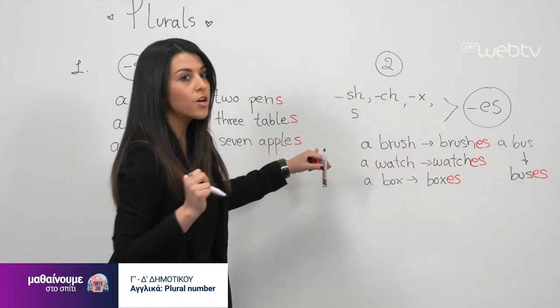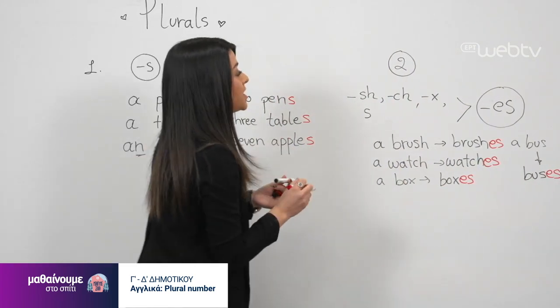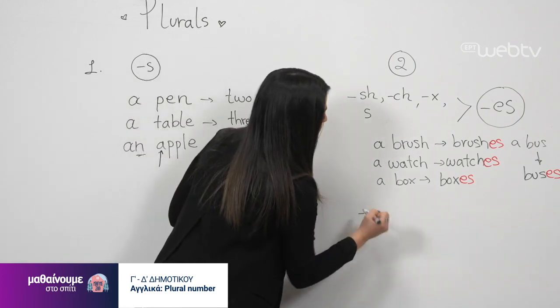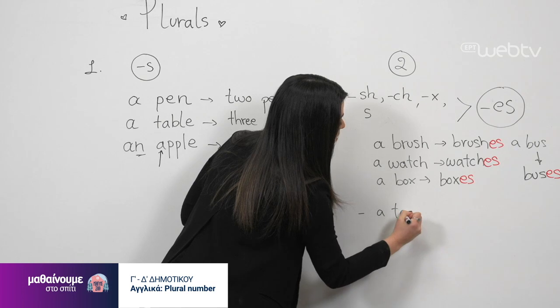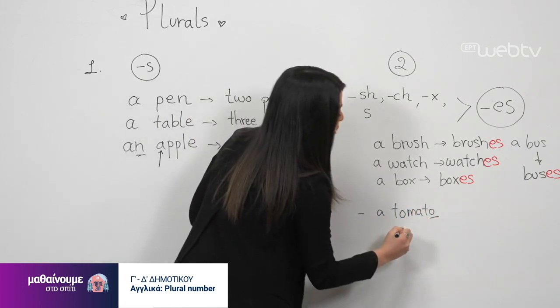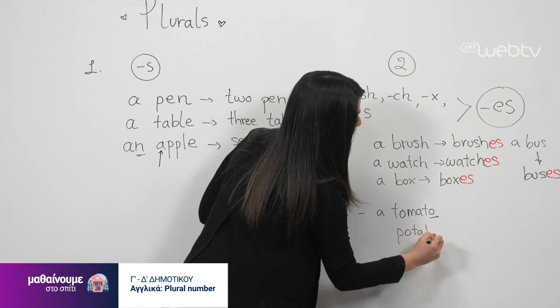Okay? Here we also have nouns that end in O, but αυτά έχουν κάποιες εξαιρέσεις. Ας δούμε όμως τα βασικά. Το a tomato τελειώνει σε O, okay? Or a potato. Η ντομάτα και η πατάτα, basically.